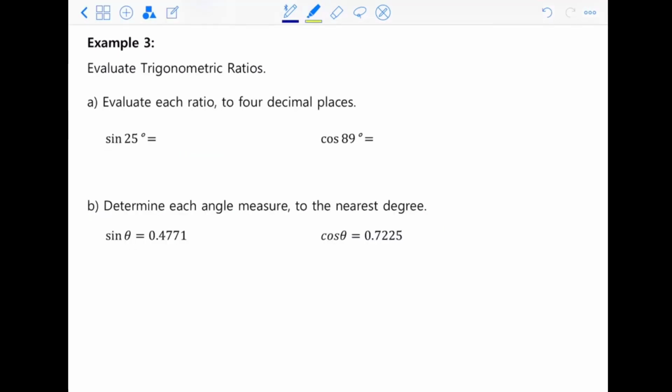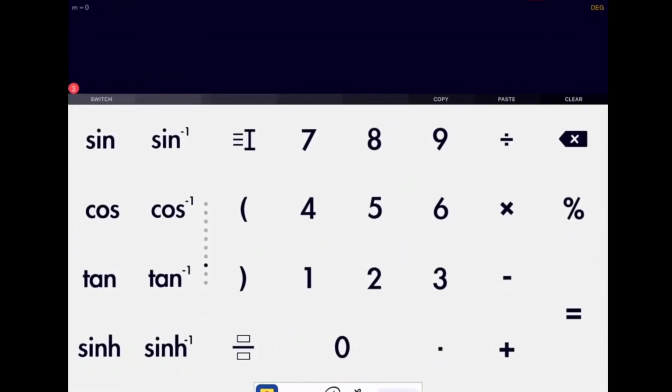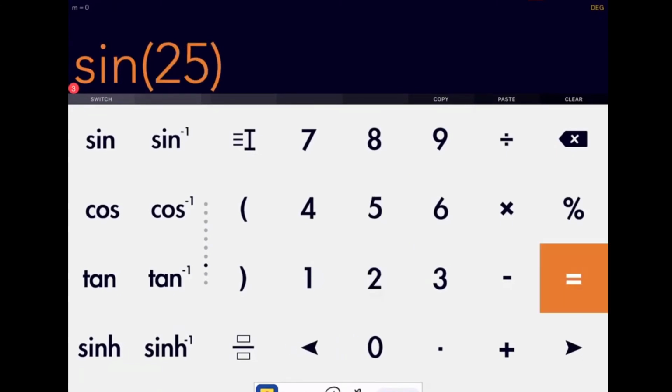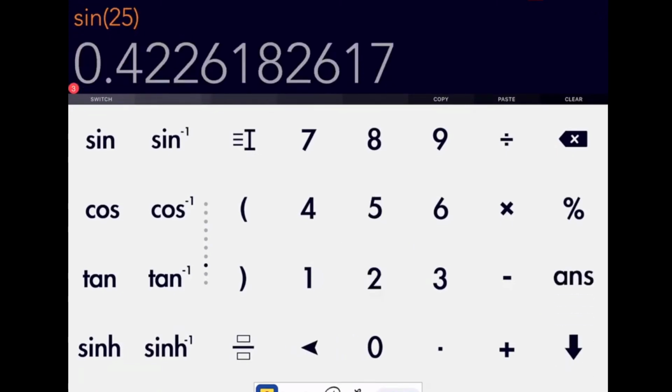Moving on to example 3. Evaluate trigonometric ratios. Part A. Evaluate each ratio to 4 decimal places. So sine of 25 degrees, we'll try inputting into the calculator. Sine of 25 degrees, and you enter. And you can see that it's 0.4226.